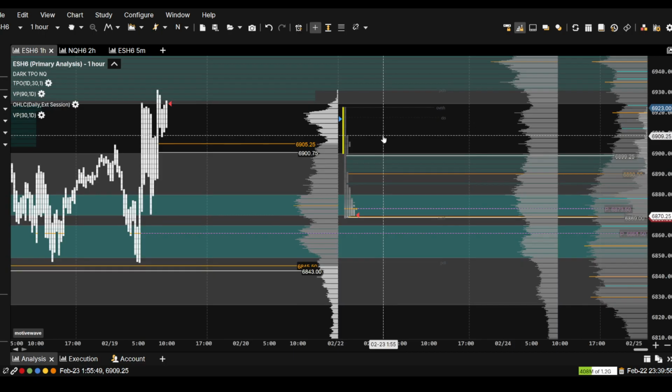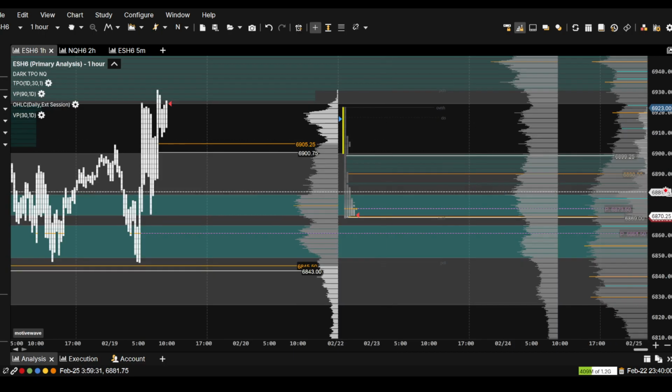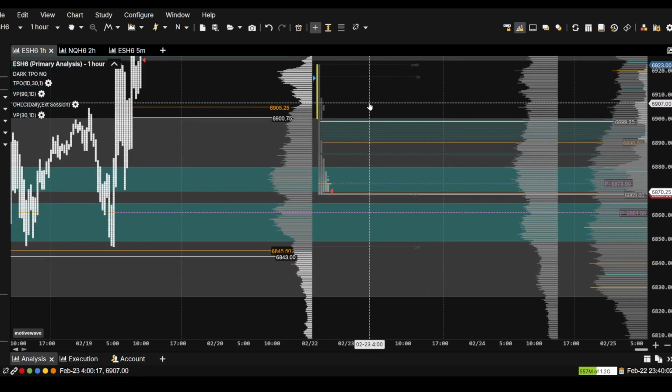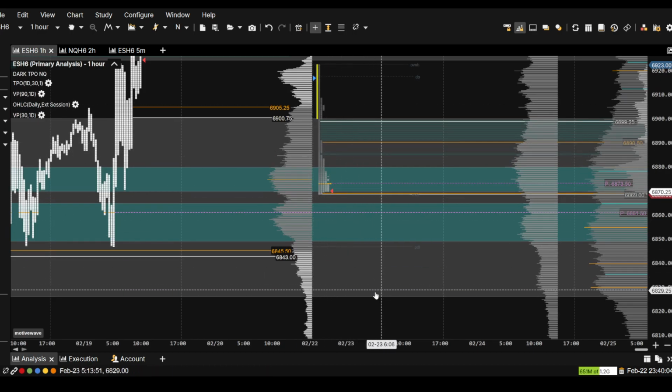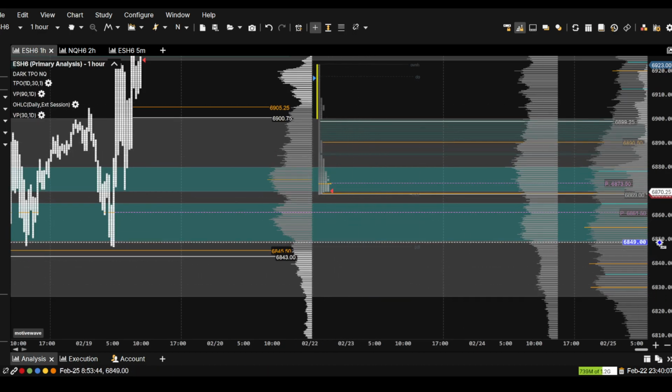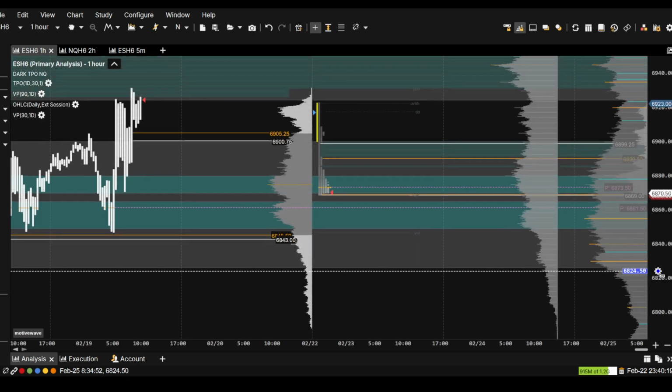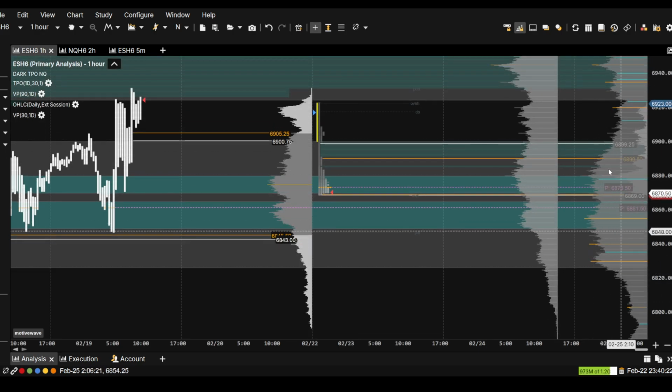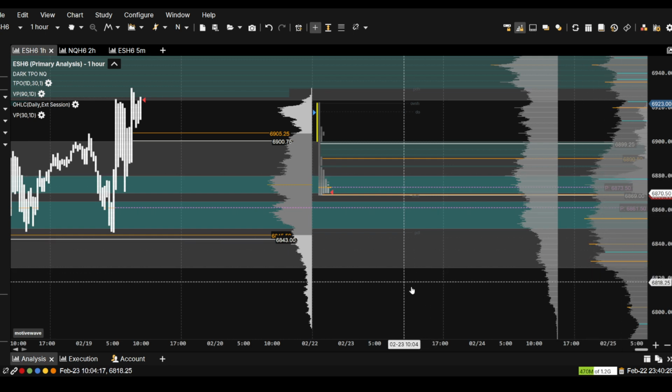Based on auction market theory, we could expect lower prices to here, maybe 6,815 and 6,827 or something like that, targeting this huge high volume node area edge up here.